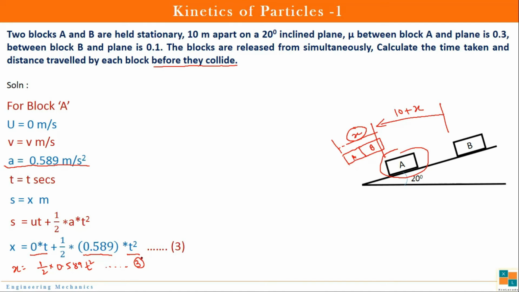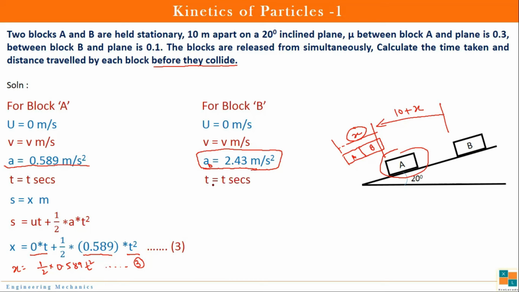Now similarly I will do for block B. For block B again, u = 0, v = v. Acceleration we have just found out as 2.43 meters per second squared. Time, let us say it will be t only. For s, you can see that if the displacement for block A is x, the displacement for block B will be 10 plus x, because they want to collide with each other.